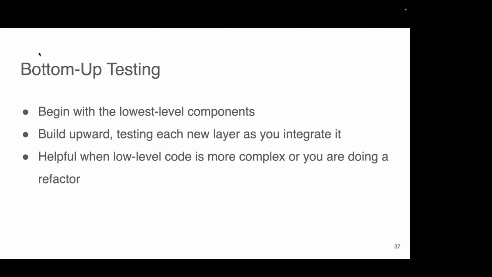And then as you integrate more, since you know the bottom levels are correct, and I've added a new layer, the new error is most likely to be in that new layer that you added, because for the previous layers that you tested you have some confidence. Dominic, when we spoke about verification at the start, testing is not proof that your code is correct, but it gives you some confidence.